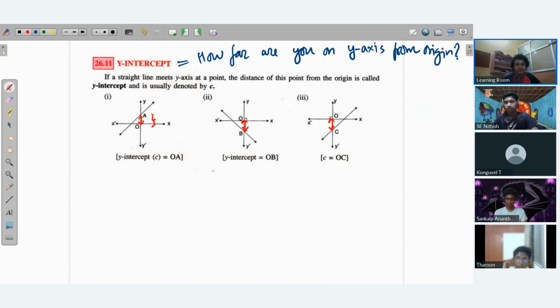That is what the y-intercept is. How far are you on the y-axis from the origin? Making sense?